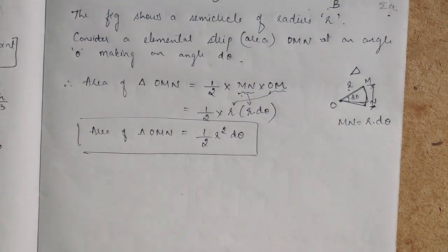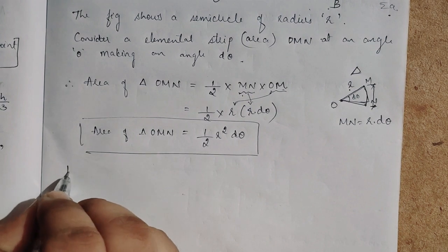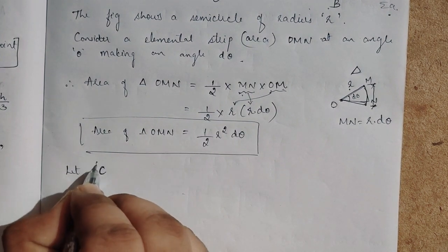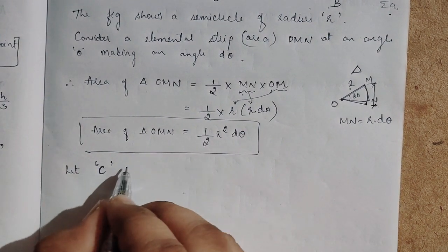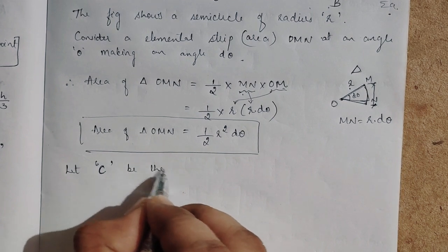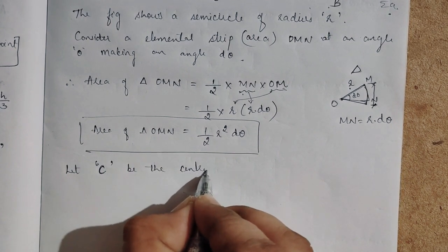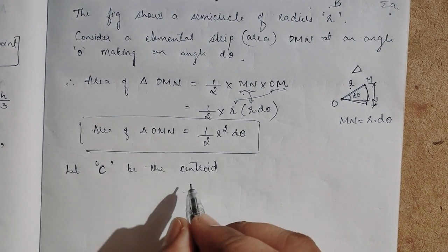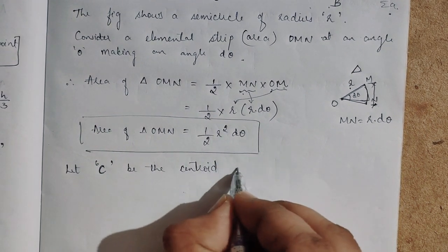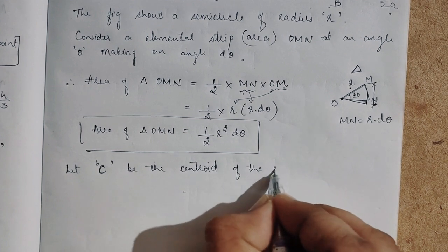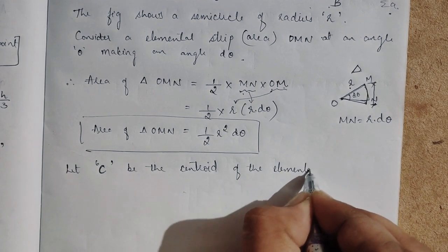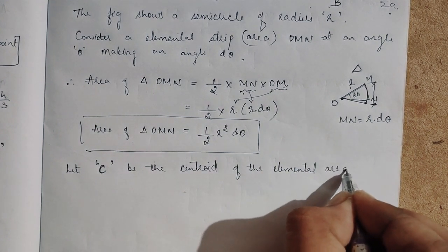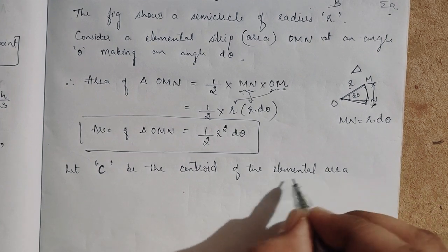Once we get the area, we will let C be the centroid. We will consider C as the centroid of the elemental area, as the elemental area is a triangle.